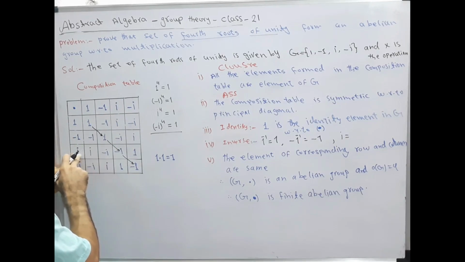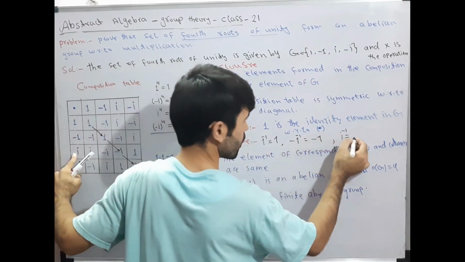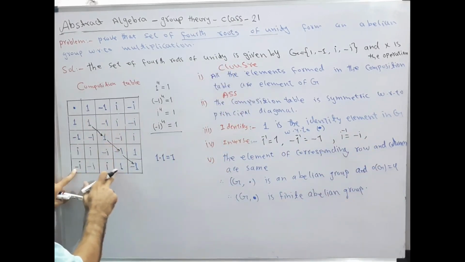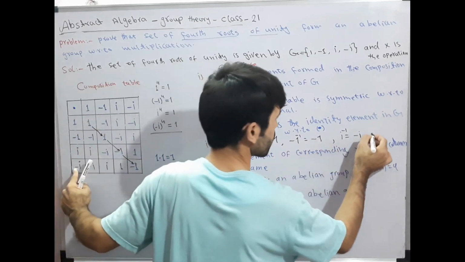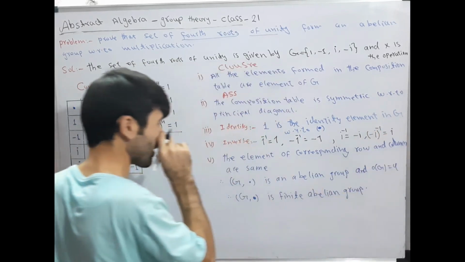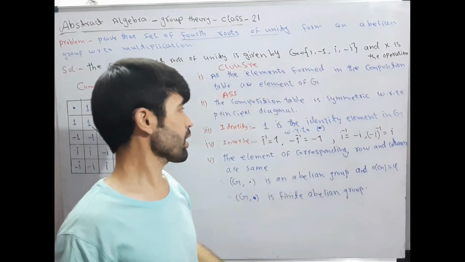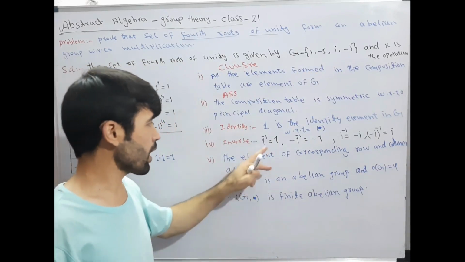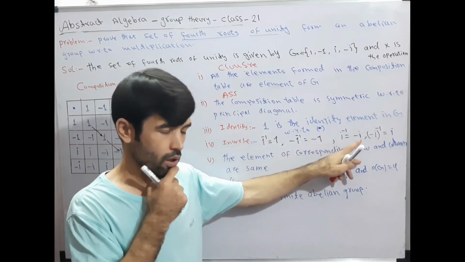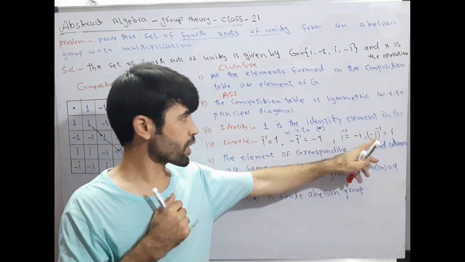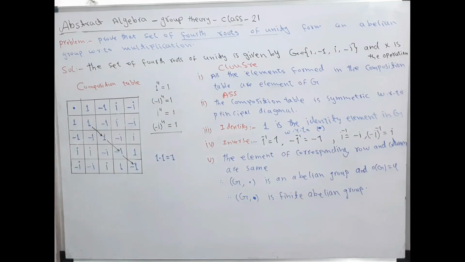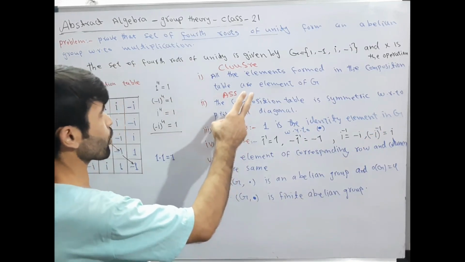Therefore, the inverse of i is -i. The inverse of -i is i. Therefore, every element of G has an inverse in G. 1 has inverse 1, -1 has inverse -1, i has inverse -i, -i has inverse i. Therefore, G with respect to multiplication is a group.